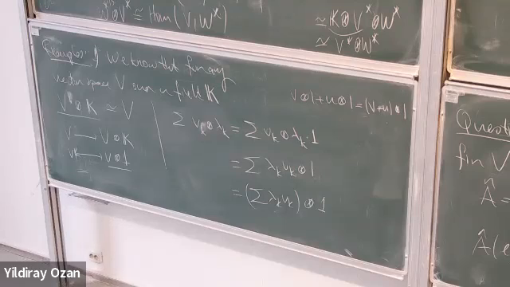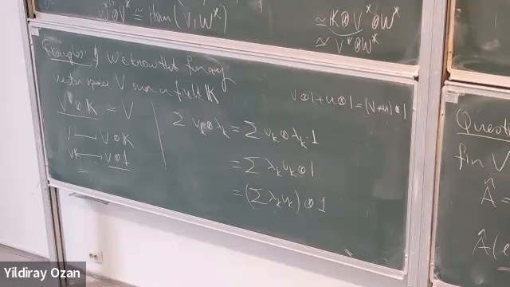So it is 1 if i equals k, otherwise it is 0. So for this to be non-zero, i should be k, and in that case it is just one times ek. So this linear map sends the kth basis element to itself.